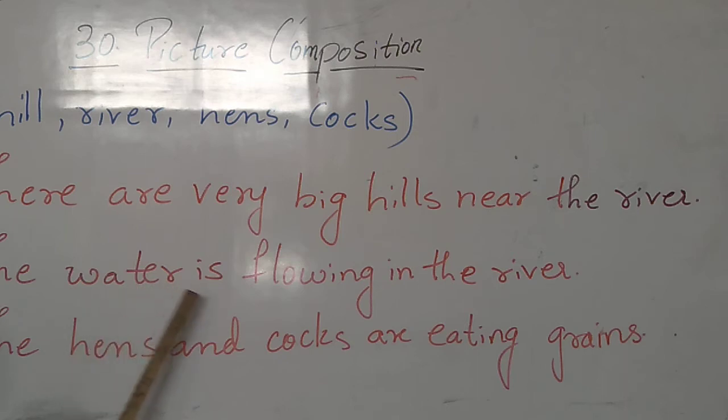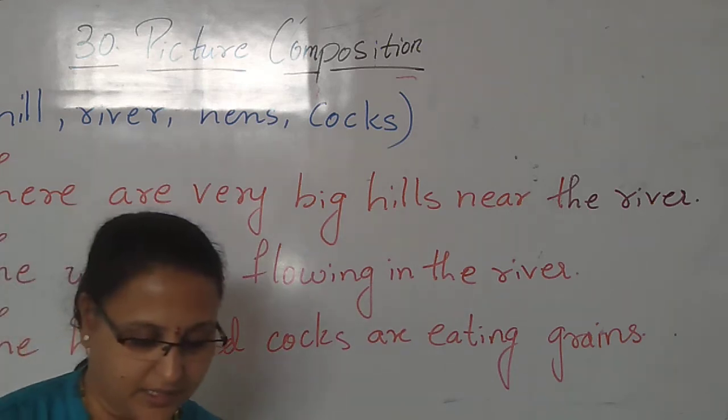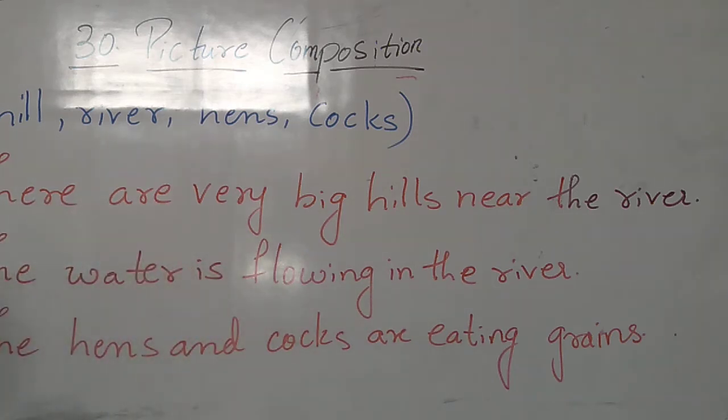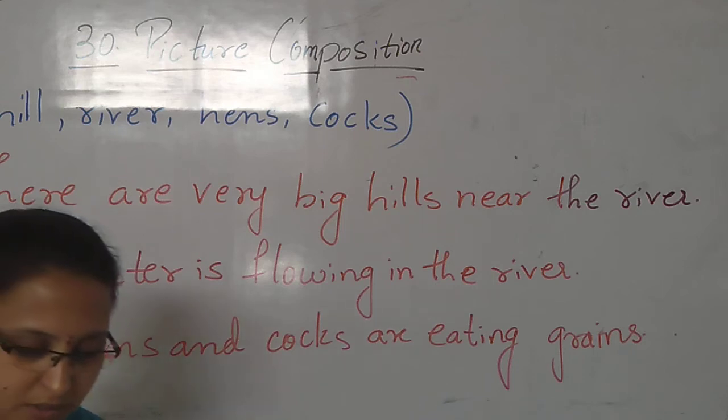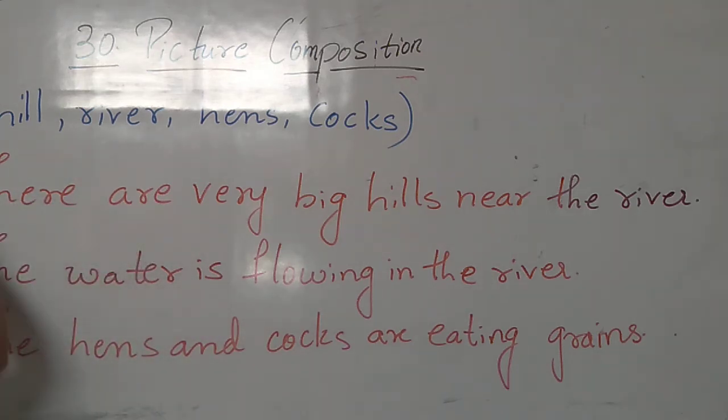The water is flowing in the river. The hens and cocks are eating grains. So this was the second picture and we have written 3 sentences on it. Now coming to the third one.